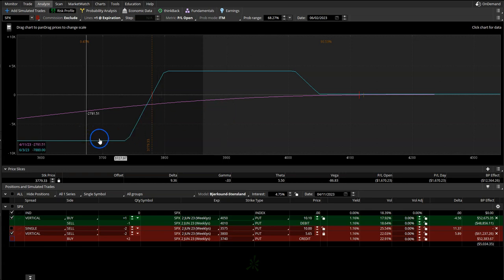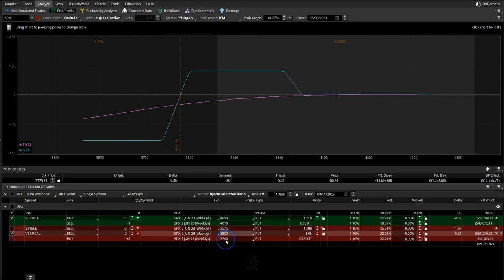It doesn't take up as much buying power as a naked put, but we are placing, and you can see here, the short option of the put credit spread at 3,800. So this is a 3,800, 3,740 put credit spread.